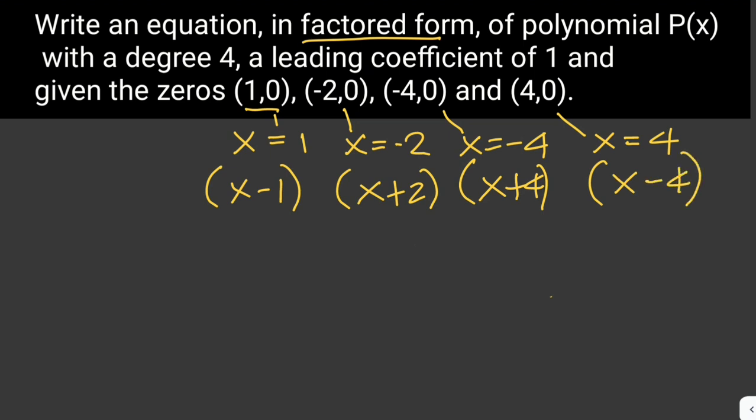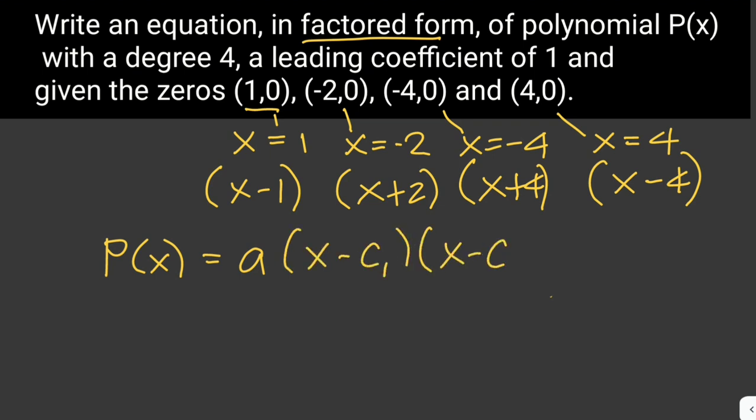Now we can write our polynomial equation. P of x is just equal to a times x minus c sub 1, x minus c sub 2, x minus c sub 3, x minus c sub 4. So c1, c2, c3, and c4 are the zeros.